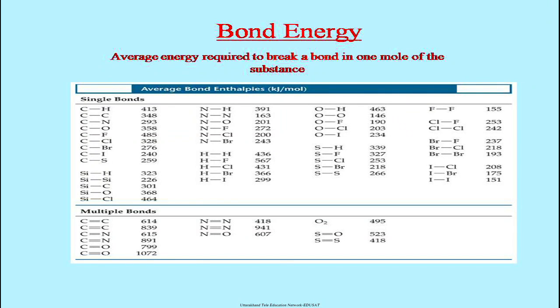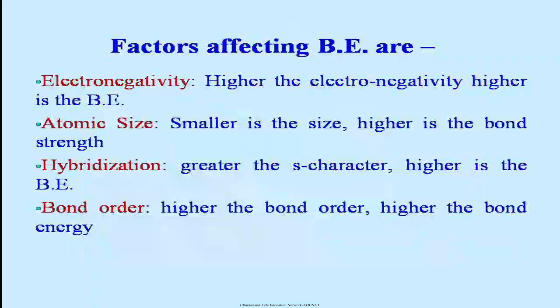There are different types of bond energies available in our list. The C-H bond is 413 kilojoules per mole and the C-C bond is 348 kilojoules per mole. There are certain factors which affect the bond energy. And what are those factors? The first one is electronegativity.